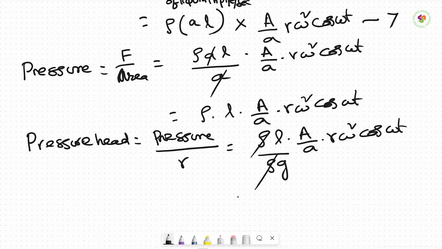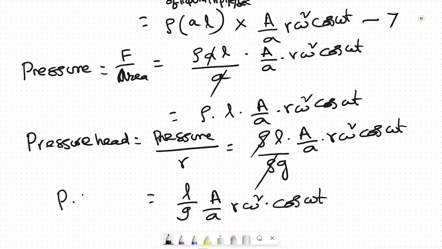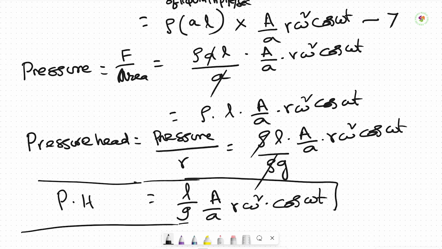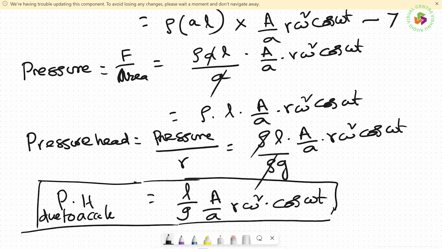Rho will cancel. So finally, pressure head is L by g, A by A, R omega square cos omega t. This is the pressure head due to acceleration. This is what you should remember.